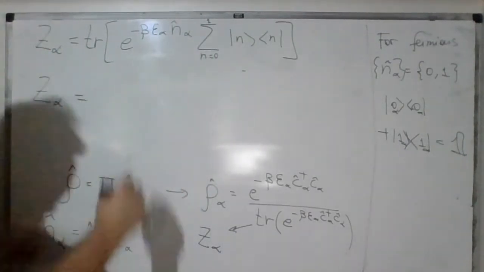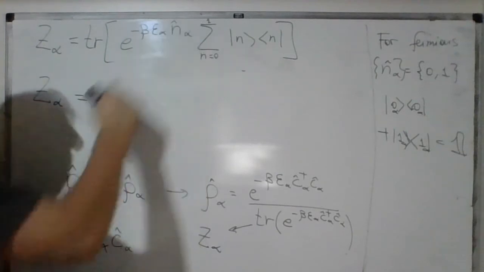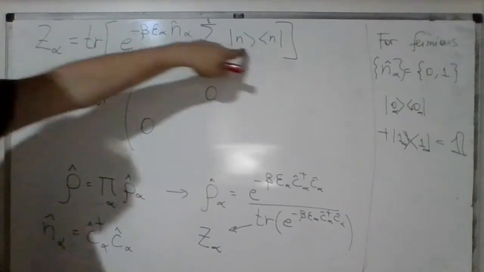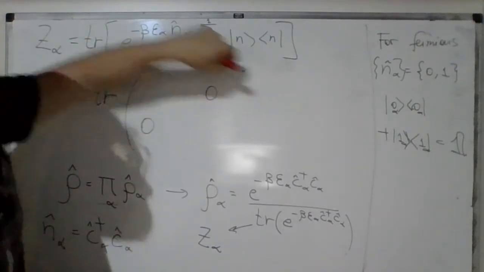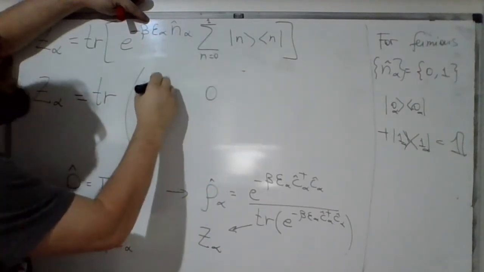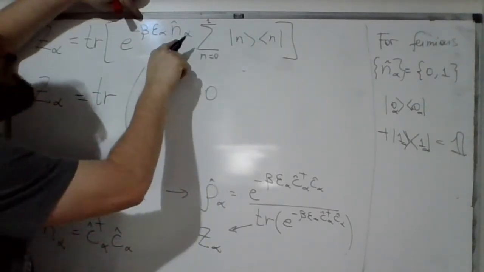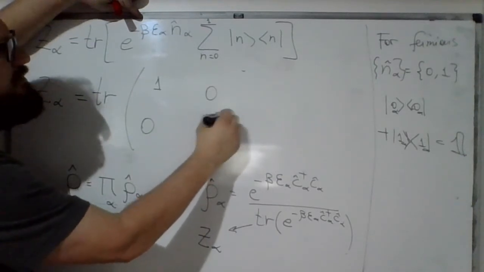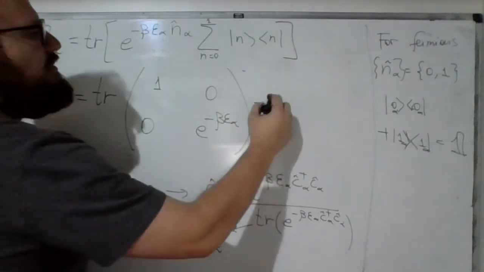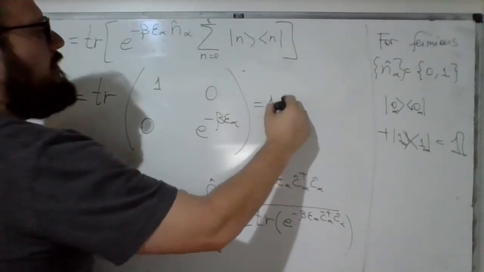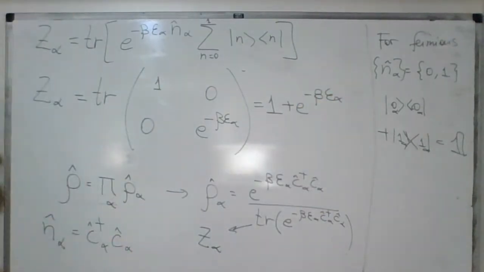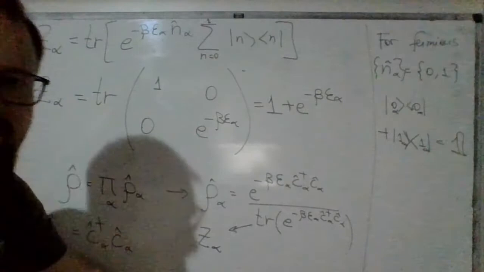I need to replace here by zero, and this is it in the diagonal form. So it is the trace of a matrix looking like this one. This puts values on the diagonal, and for the state with zero particles, I have one here. For the state with one particle, I have e to the minus beta E alpha. So the trace of this matrix just corresponds to 1 plus e to the minus beta E alpha. This is the trace of that matrix.